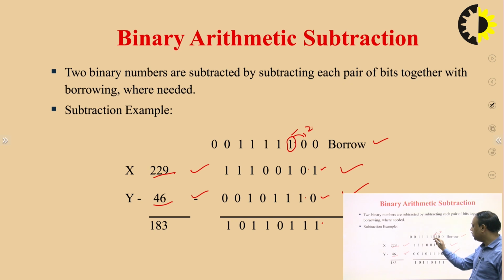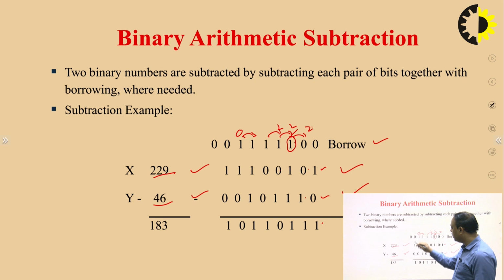Then again we need a borrow, 2 minus 1 is equal to 1, and this bit becomes 0 again. We need another borrow, 2 minus 1 is equal to 1. And again we need a borrow, and this bit becomes 0. Then 0 minus 0 is equal to 0, and 1 minus 0 is equal to 1.